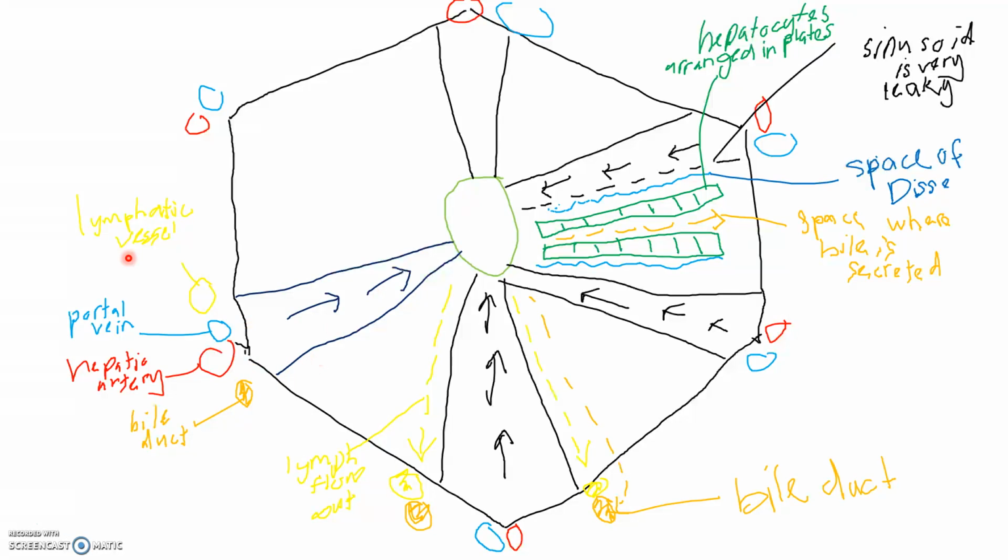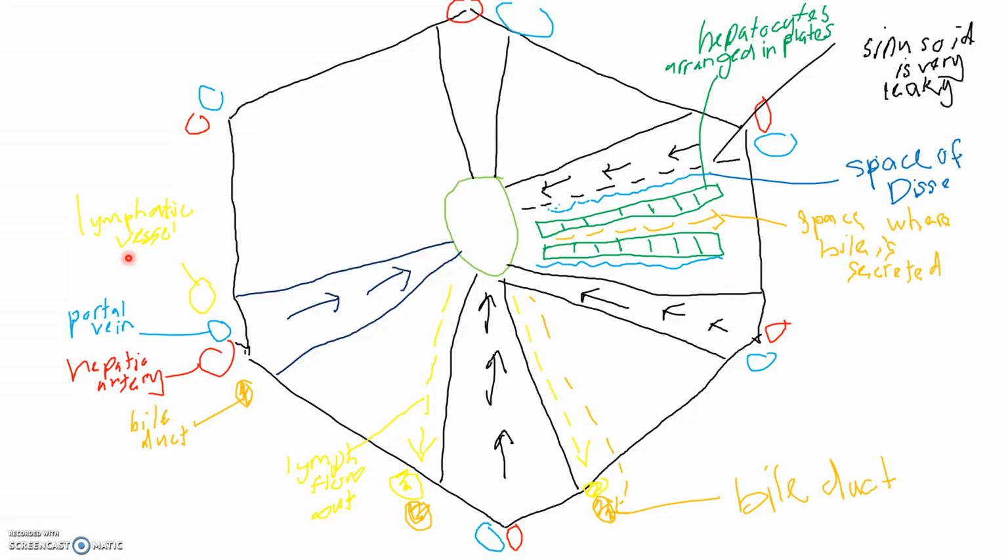So how many channels are actually present at every corner of classic lobule? So basically there are four, but early histologists only found three, and they didn't actually recognize the lymphatics. So you got portal vein, hepatic artery as well as bile duct, and that's why they call them the portal triad. And later on they found out that there is something called lymphatic vessel and called it portal tetrad.